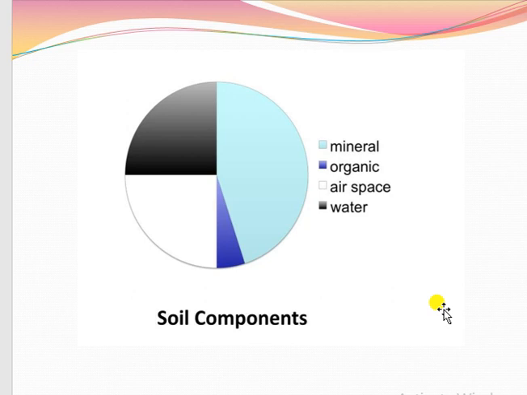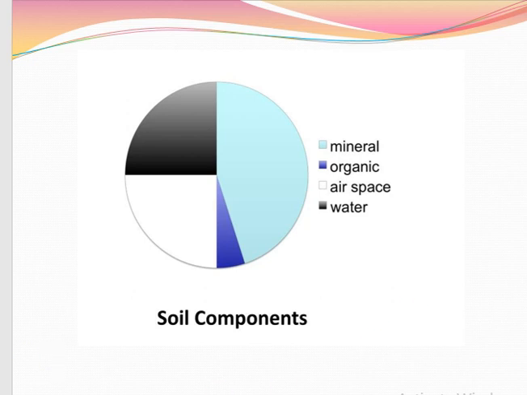Then the white portion, that is air space, also called soil air, contributes 25%. Then the faint blue is known as mineral matter, which is almost 45%. And the dark blue patch is organic matter, a very important component of soil, which is only 5%. This is all about components of soil.